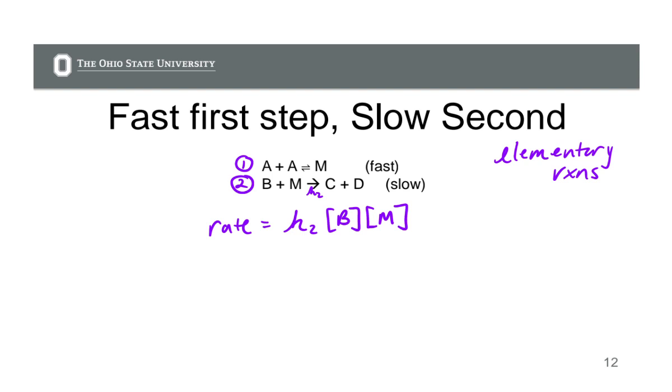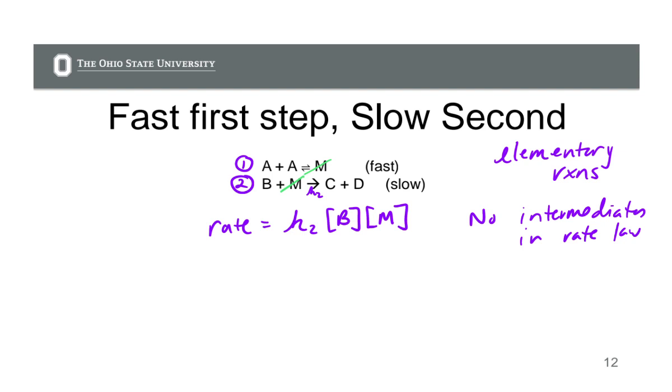But when we look at the rate law for this slow step, what we find is that we actually have an intermediate that shows up in the rate law. And we can't have intermediates in the rate law. So we need to be able to write a rate law that doesn't have an intermediate.